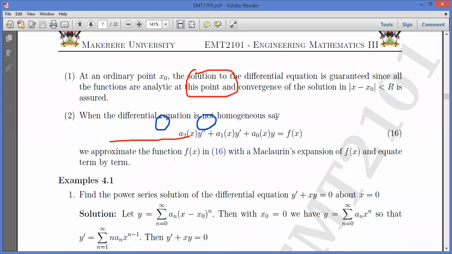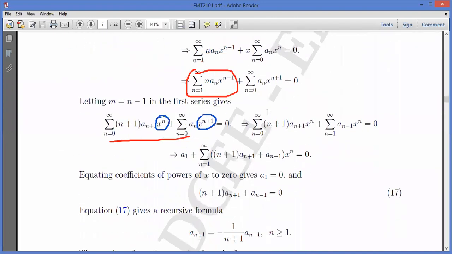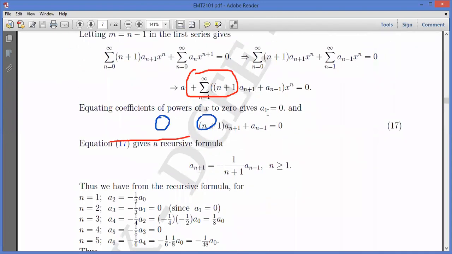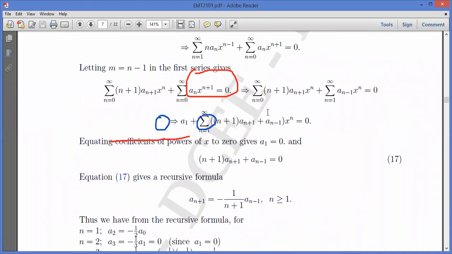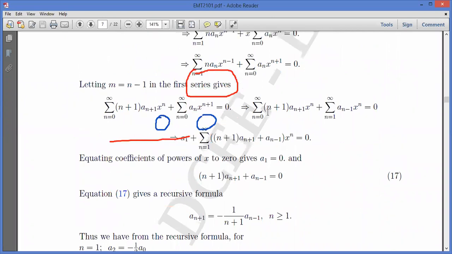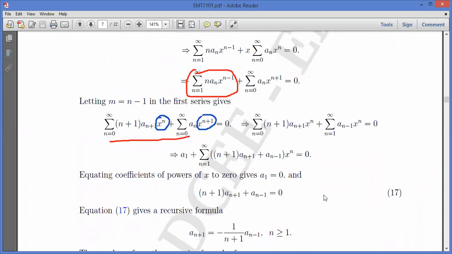So because of that, we ended up with this situation here. That is this, and then we've ended up with this, and then this one here. So it means we must take this one to x to the n. That is what we are attempting to do here.